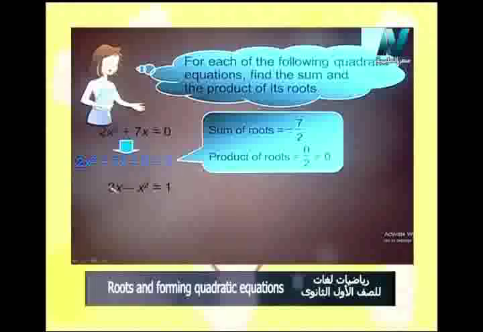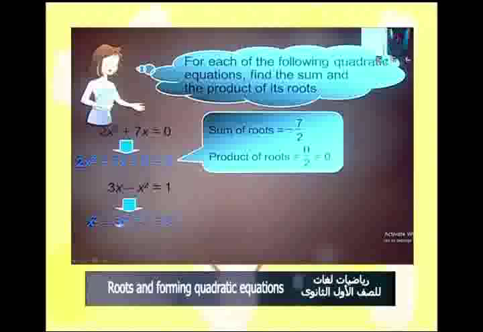Okay? We have here the second quadratic equation, 3x minus x power 2 equals 1. Look carefully. We have here x power 2, and its coefficient a equals negative 1. But here we have b, which is the coefficient of x, and the absolute term must go inside the left side, so it will be negative 1.